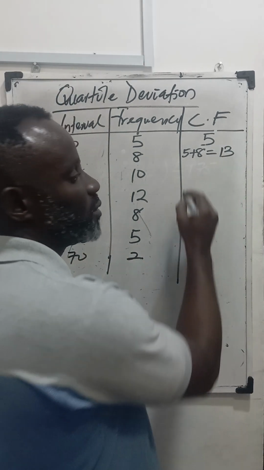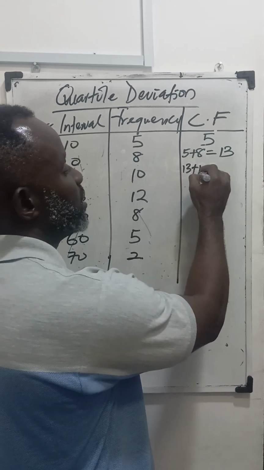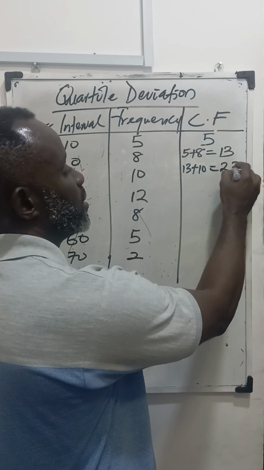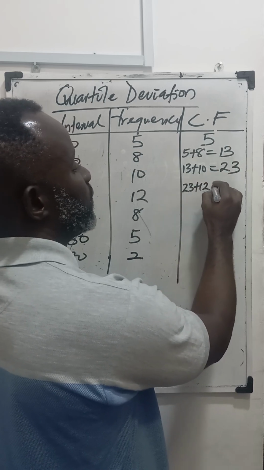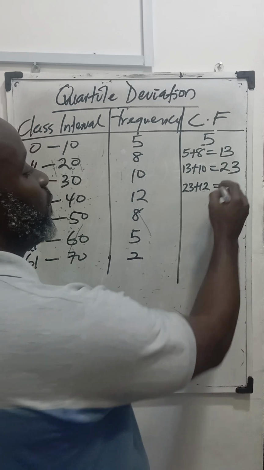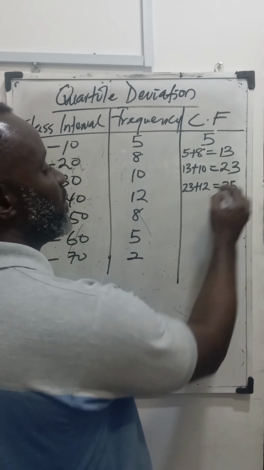Then the next one is going to be what? 13 plus 10, which will give you 23. So the next will be what? 23 plus 12, which will give you 35. Yes.